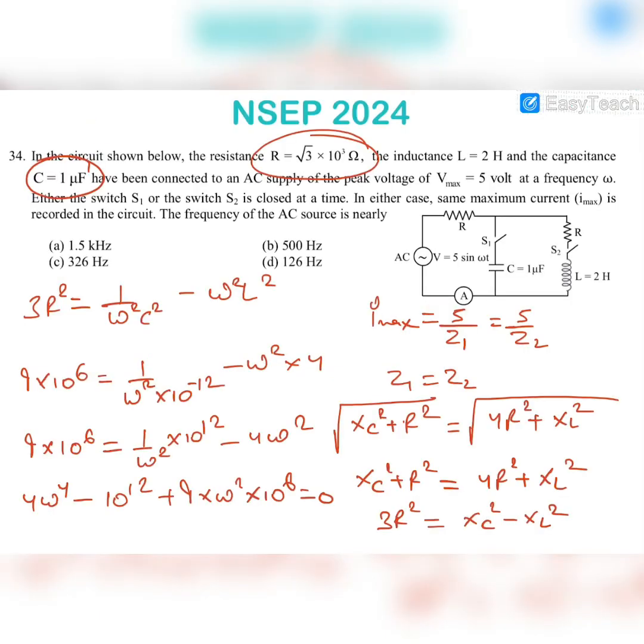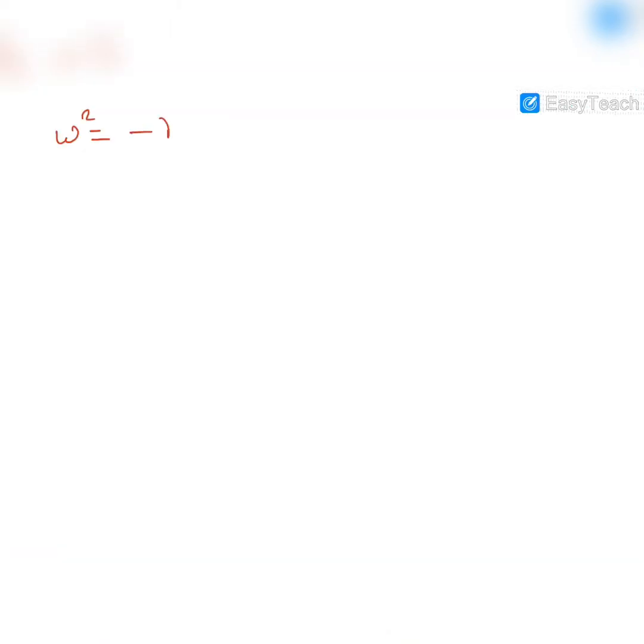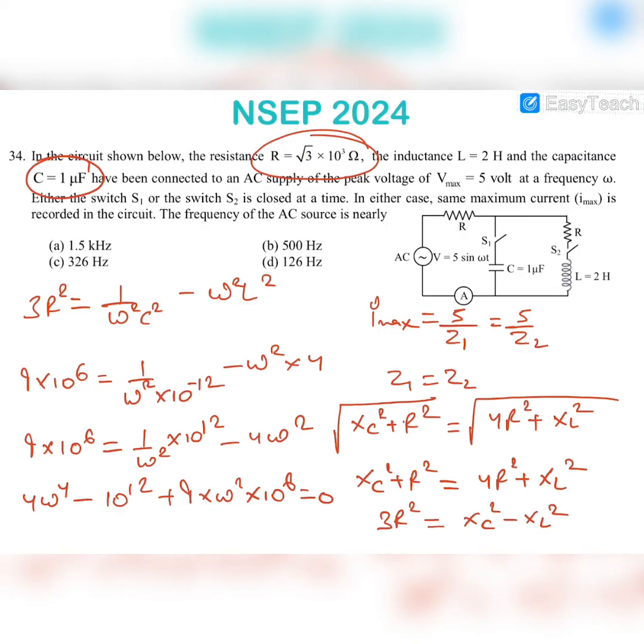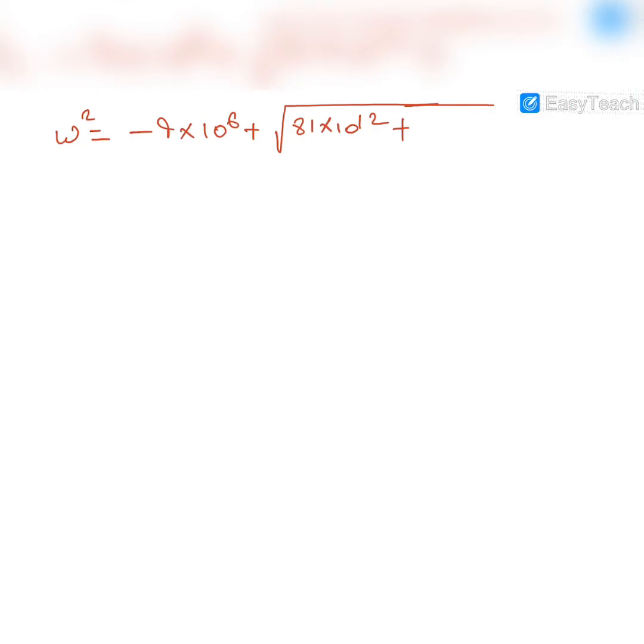It is minus b, so minus 9 into 10 raised to power 6, plus, obviously we cannot take the negative root, root of b square, which is 81 into 10 raised to power 12, minus 4ac. So it would be plus, and 4ac will be 4 into 10 raised to power 12 into 4, so it would be 16 into 10 raised to power 12, divided by 2a. Now 2a will be 8.